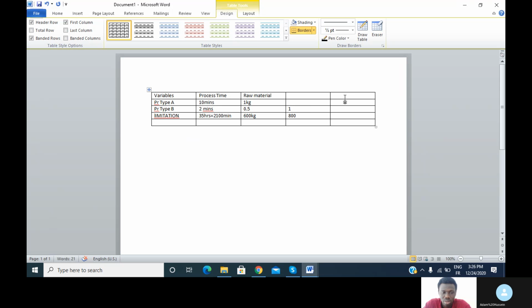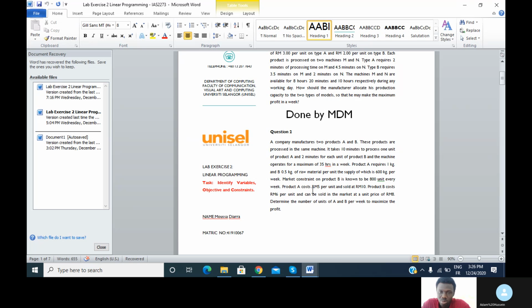So here the profit. As we can see, the cost of product A is 5 rand and it can be sold at 10 rand.